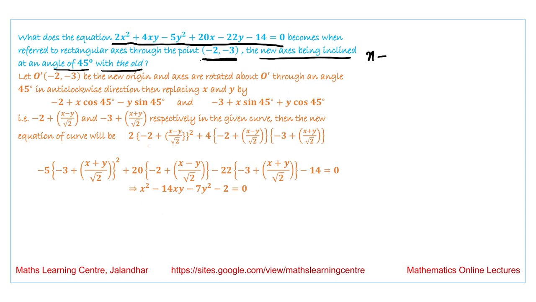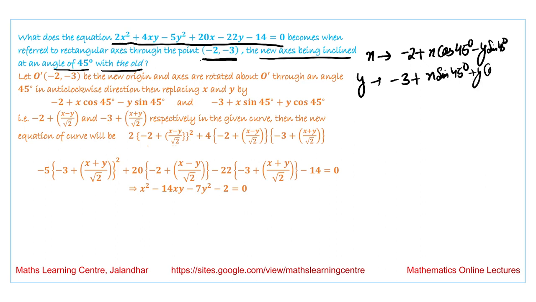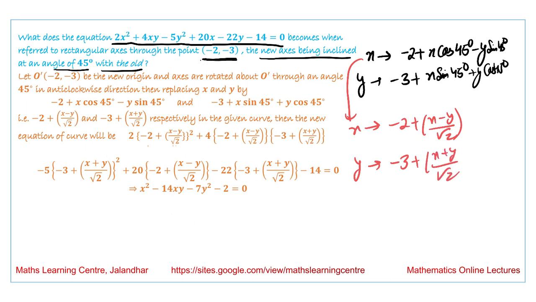So, we are saying x is to be replaced by minus 2 plus x cos 45 degrees minus y sin 45 degrees, and y is to be replaced by minus 3 plus x sin 45 degrees plus y cos 45 degrees. So, this will give us that x is being transformed to minus 2 plus (x minus y) by root 2, and y is being transformed to minus 3 plus (x plus y) by root 2.